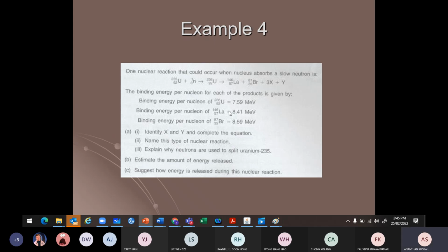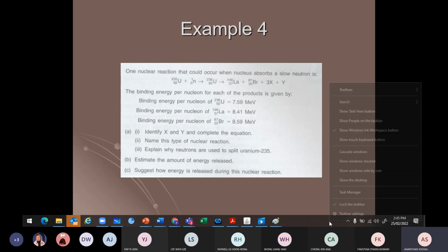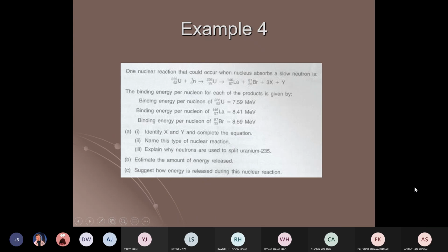First, identify what elements X and Y can be. Can you tell what is X, what is Y? Use your nuclear knowledge. Figure out what X and Y could be.